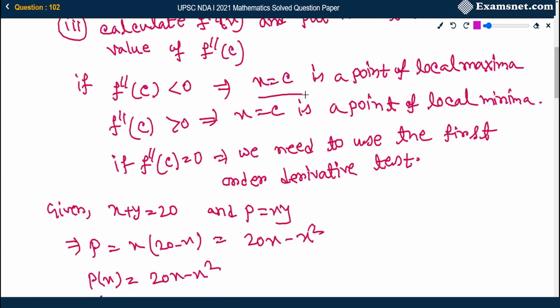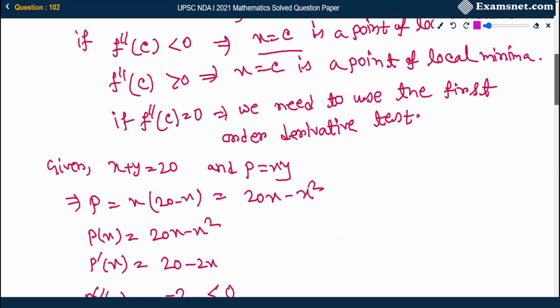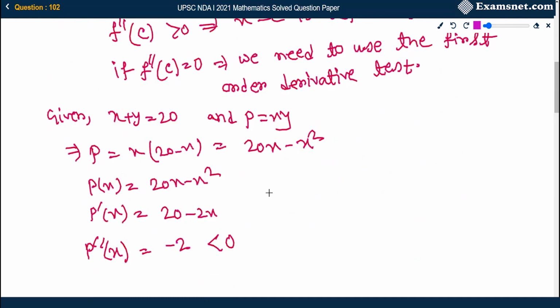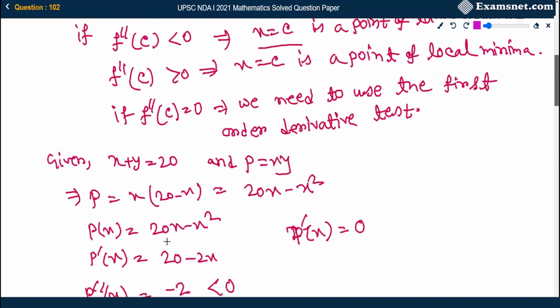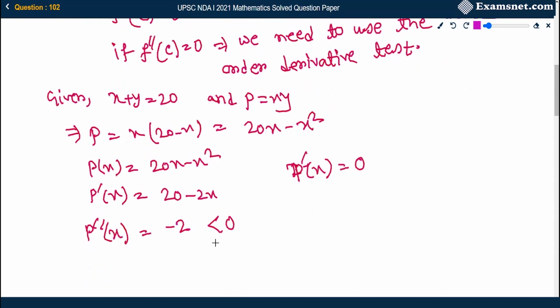Now we have to find the value of x, so let's make p dash x equal to 0.